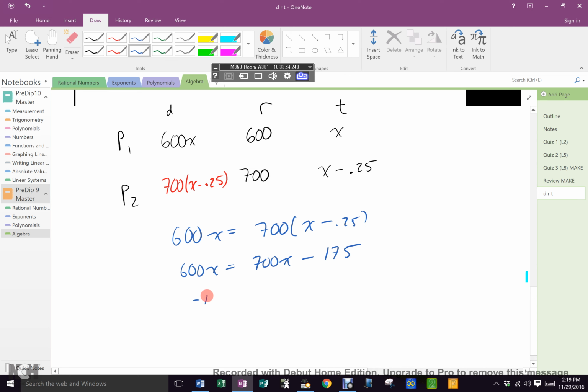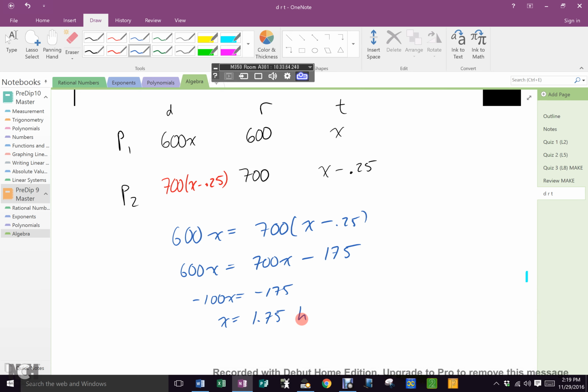Okay, so negative 100x equals negative 175. x equals 175 divided by 100. 1.75, yes? 1.75 hours. Right? What time is that?